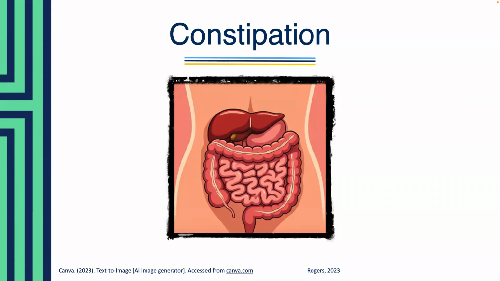So again, treatment varies depending on underlying cause, but typically involves increasing dietary fiber, fluid intake, physical activity, and sometimes the use of laxatives, stool softeners, or even stronger laxatives. Those medications typically target the specific etiology that we're looking at, like we talked about with opioid induced constipation, where we look at specific medications that block that.